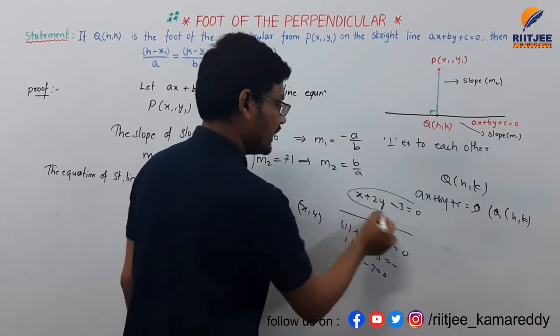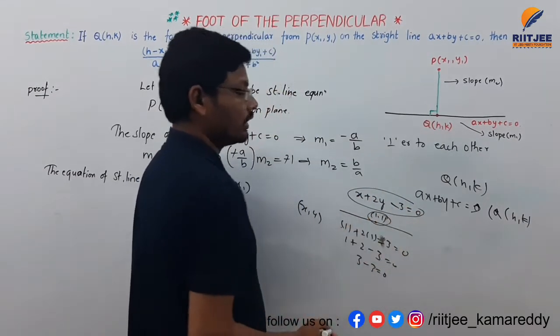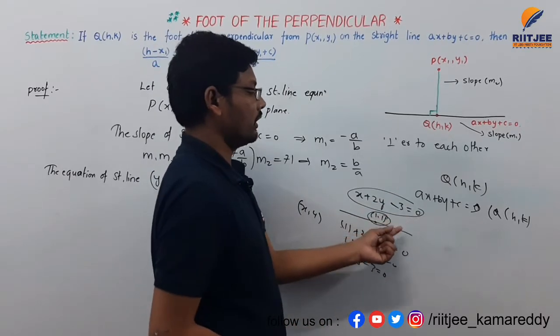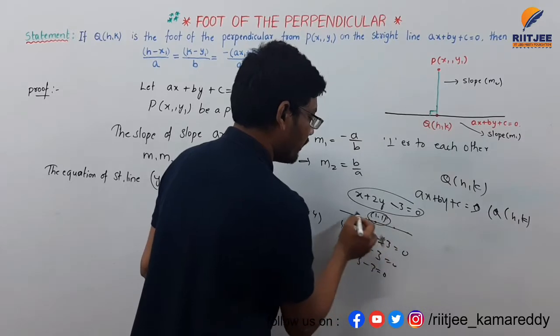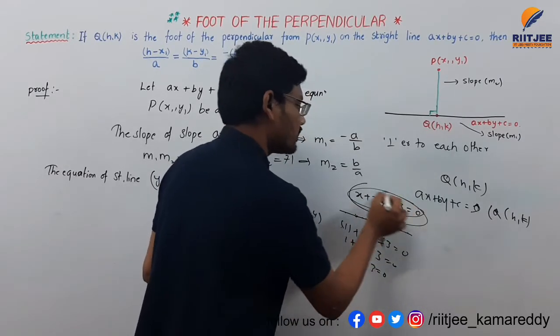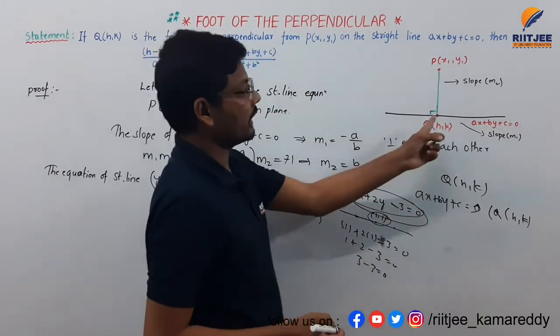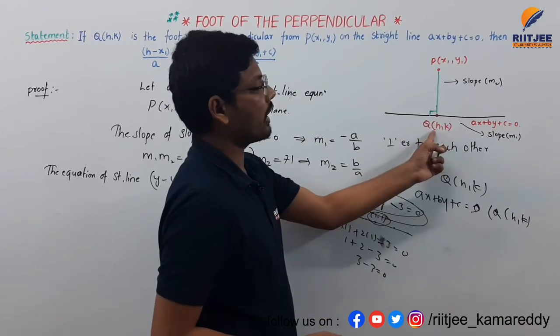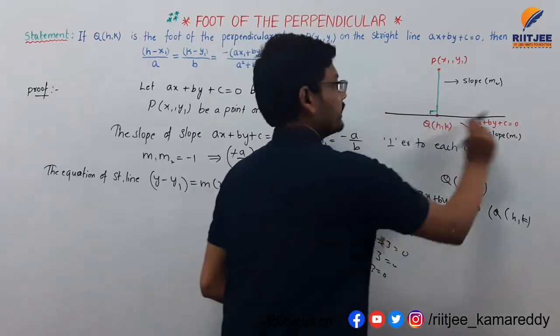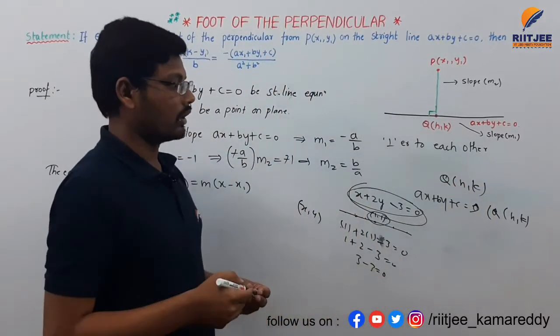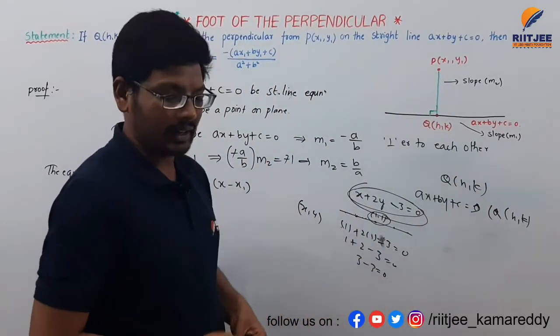So this straight line equation is satisfying this point. Every point on a straight line should satisfy the straight line equation. That's why this Q of h comma k should satisfy both straight lines, horizontal and vertical.